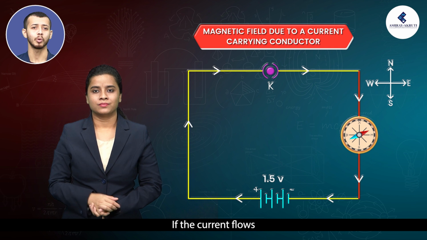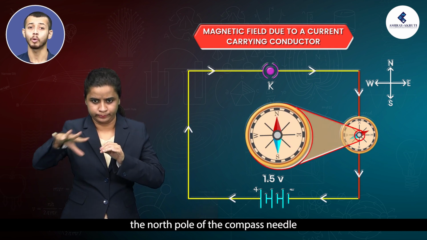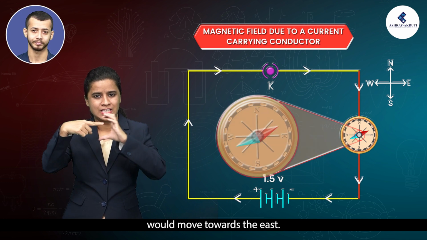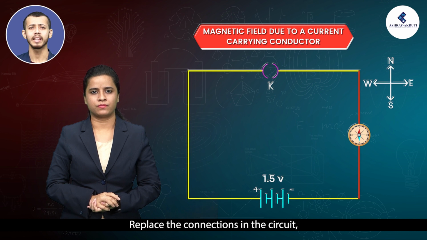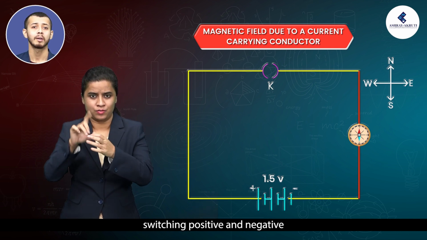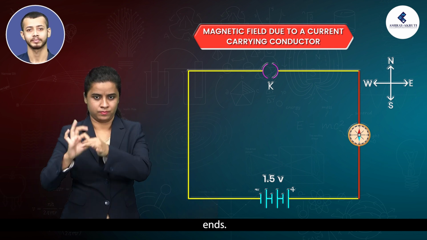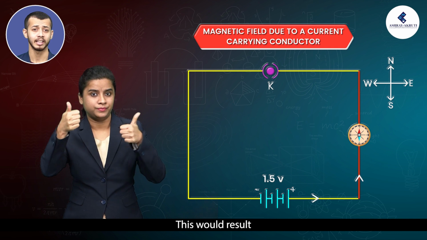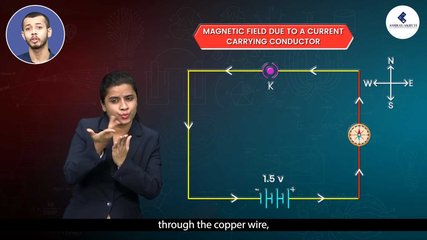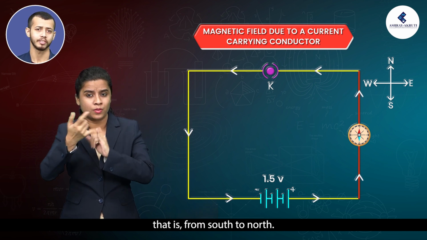If the current flows from north to south, the north pole of the compass needle would move towards the east. Replace the connections in the circuit, switching positive and negative ends. This would result in the change of the direction of current through the copper wire, that is, from south to north.